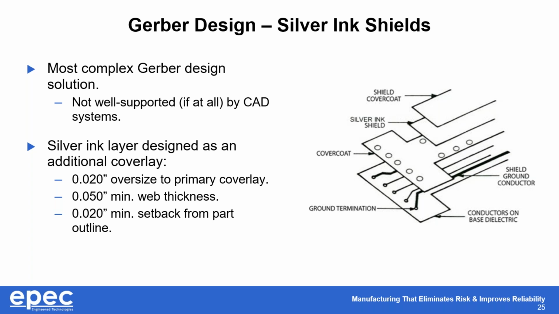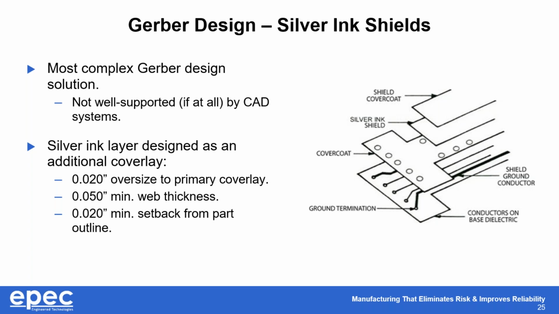For example, the openings in the silver ink layer need to be oversized by 20 thou in relation to the features in the primary coverlay for PTH or surface mount components. That's driven by the process tolerances and material tolerances of the silver ink and the silver ink application method.